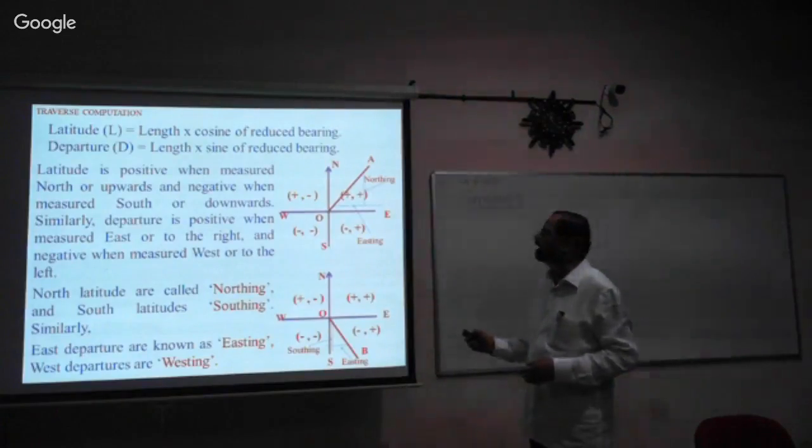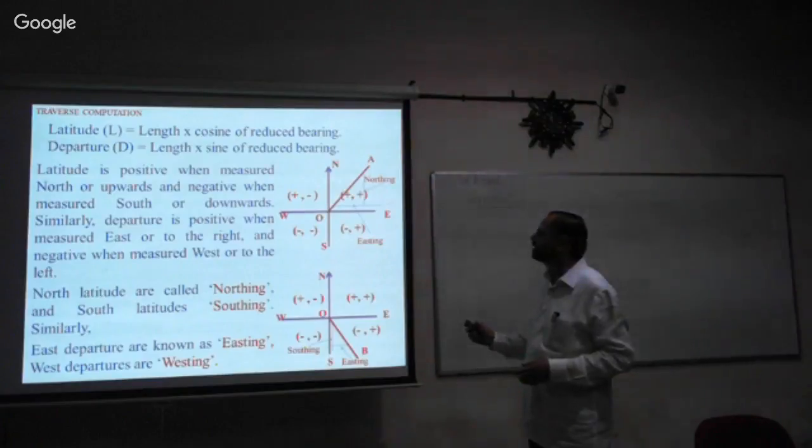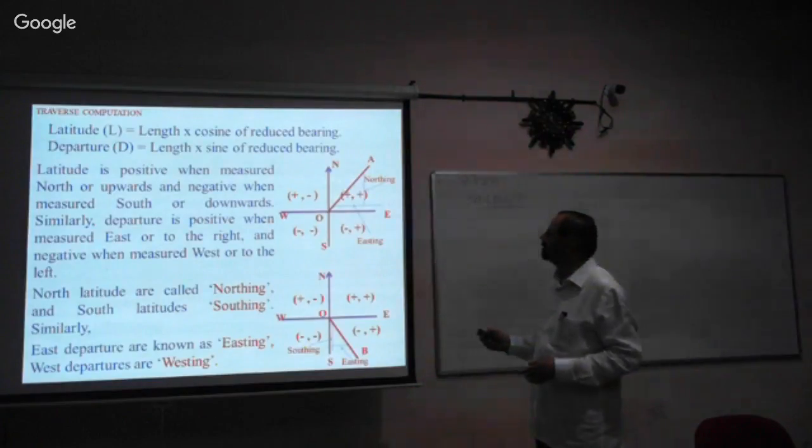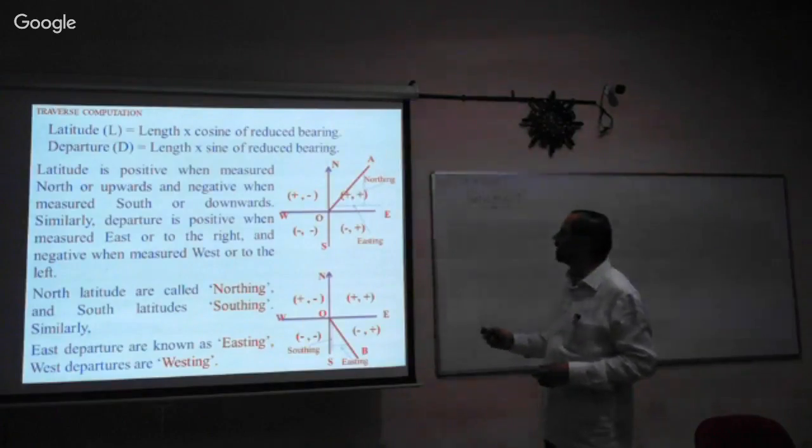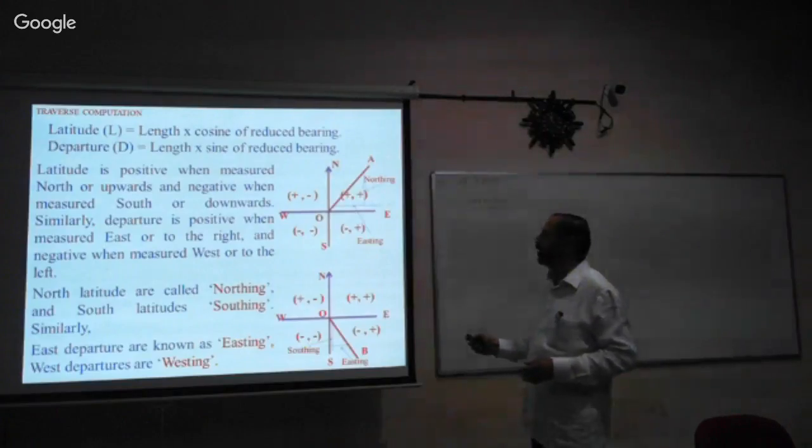These are the coordinates of this survey line. Now we need to calculate the north coordinate and the east coordinate of the survey line OA.